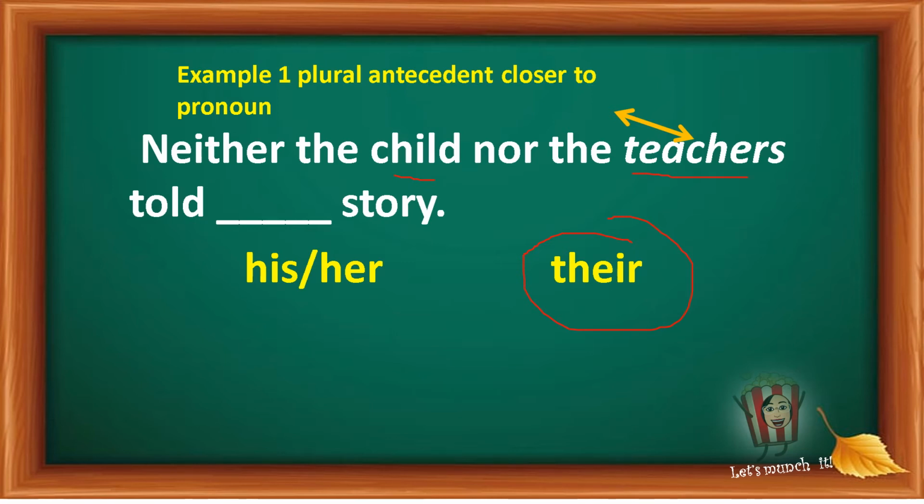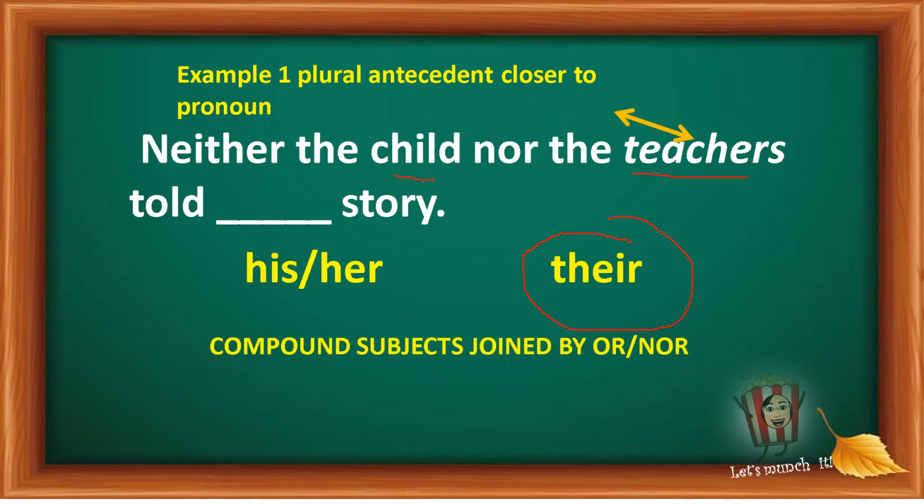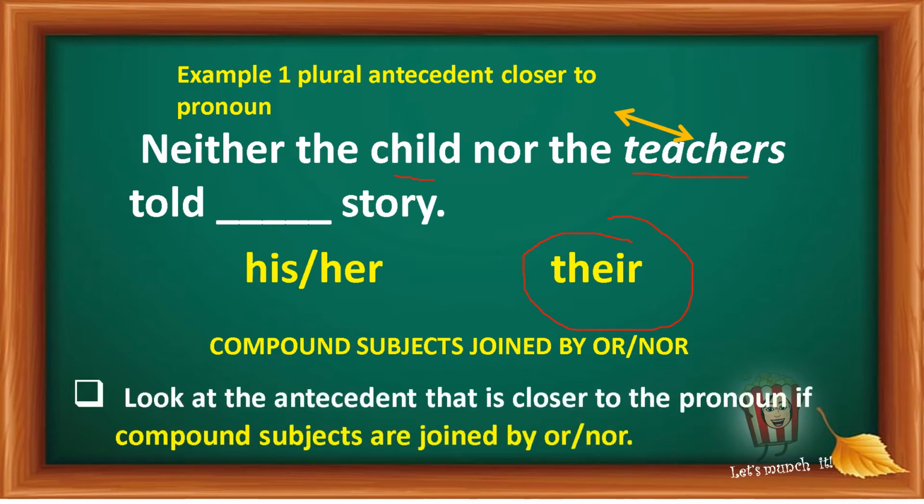So in this one, the antecedent which is closer to the pronoun is the teachers. So we are talking about compound subjects joined by or, nor in this sentence. What's the tip? We have to remember to look at the antecedent that is closer to the pronoun if compound subjects are joined by or, nor.